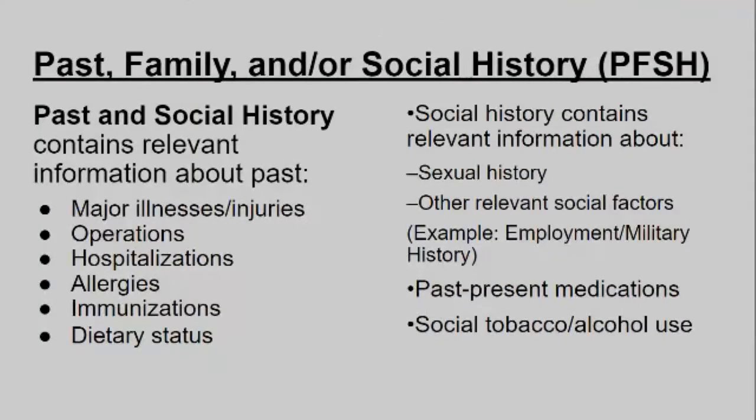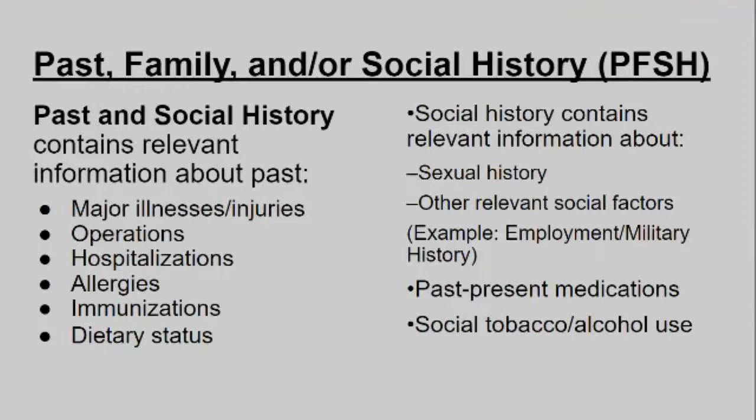So let's talk about the past, family, and social history. You're going to recognize these things too. Your past and social history contains relevant information about the past. What major illnesses have you had? What operations have you had? What hospitalizations have you had? Do you smoke? Do you drink?